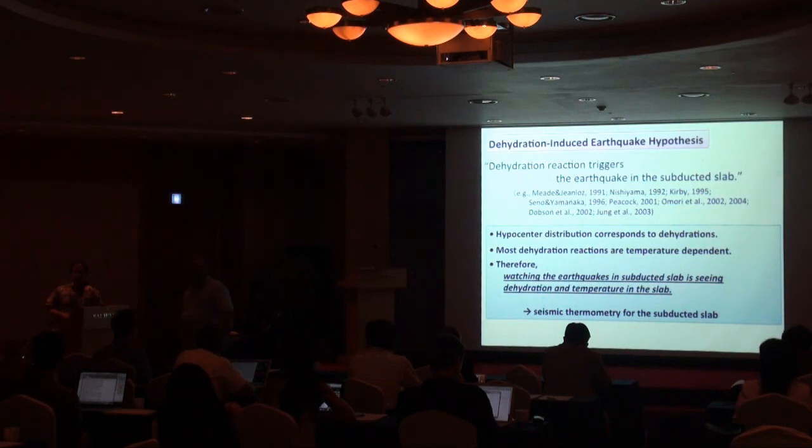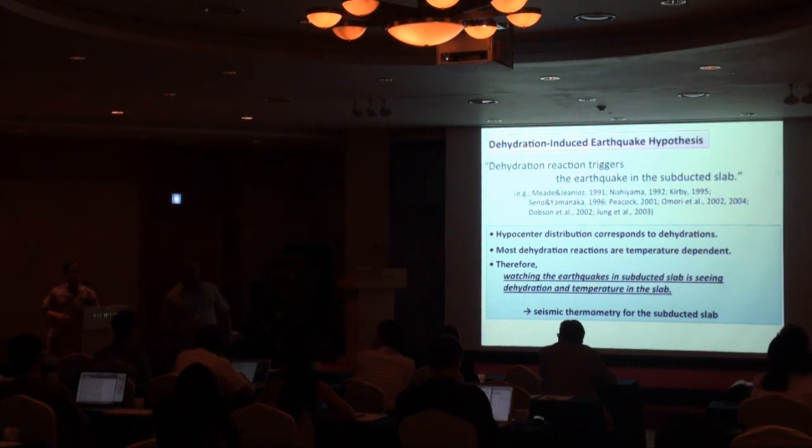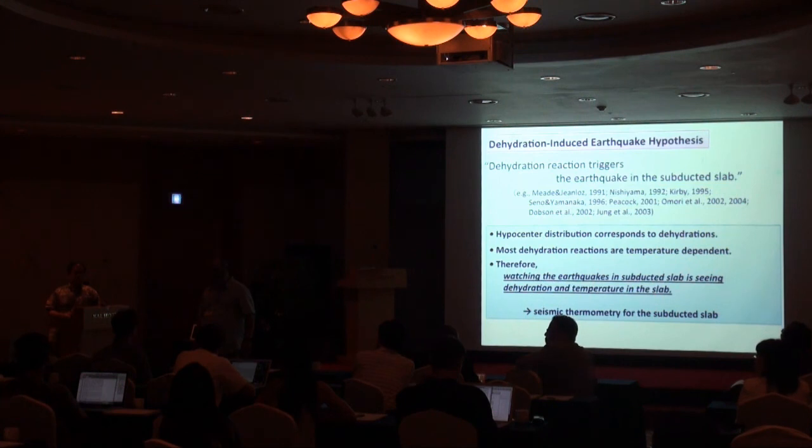One more quick question. Just want to add this. I think for this kind of studies in the future, we should maybe look at more distribution of the differential stress in the slab, more than the places where dehydration of the slab occurs. And this is because these intermediate earthquakes are double events.